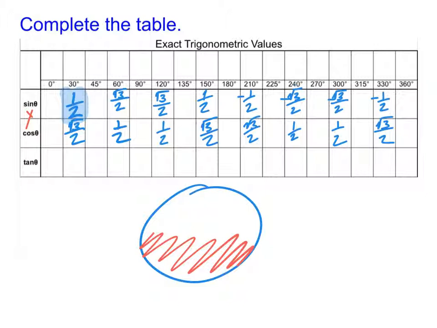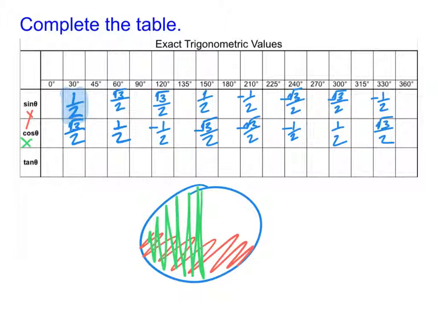Cosine is negative whenever we're going to the left, because cosine, of course, is our x-coordinate. So that's quadrants 2 and 3. So I go to quadrants 2 and 3, that's between 90 and 270, and I can make all of my cosines in there negative. And we'll be able to do the exact same thing to fill in any other positives and negatives for some of the rest of those we come across here.